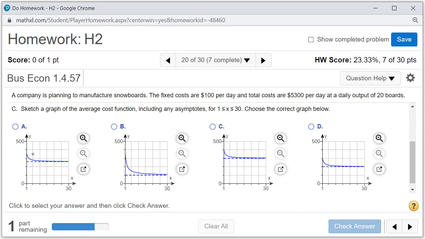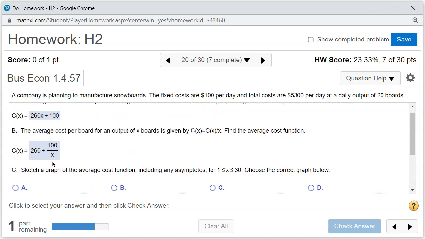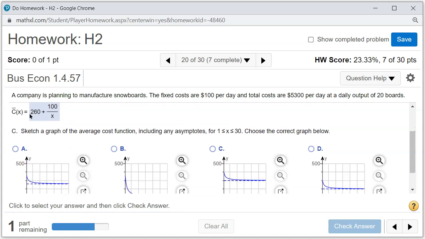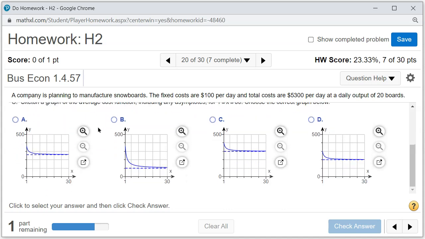Let's look at part C: sketch the graph of the average cost function between 1 and 30. So what was the equation? The equation is 260 plus 100 over x, so it's always going to be over 260.